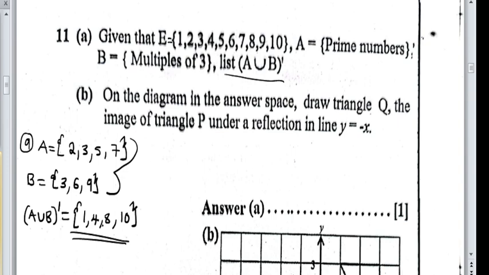On a diagram in the answer space, draw triangle Q, the image of triangle P under a reflection in the line y is equal to negative x. So this is important. We're going to use this one to draw a triangle Q, which is the image of triangle P. So how are we going to do that?